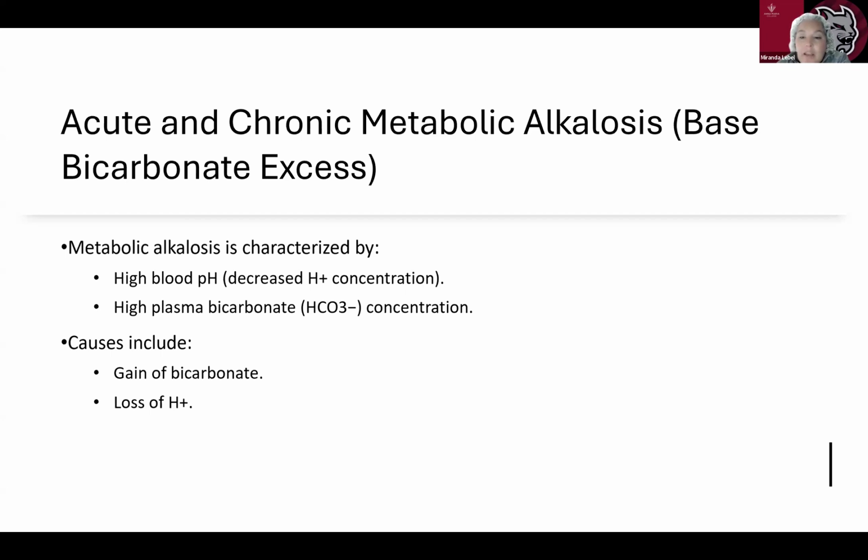While chronic metabolic alkalosis indicates a sustained elevation in bicarb levels over a longer period of time, often with the kidneys attempting to compensate by excreting more bicarb, but still resulting in an elevated blood pH. Both conditions are considered base bicarb excess, as the primary abnormality is an increase in bicarb ions in the blood.